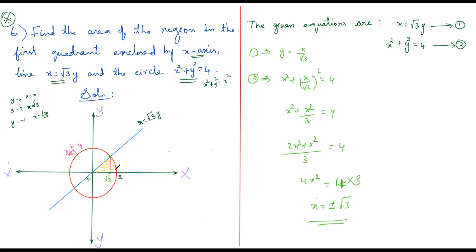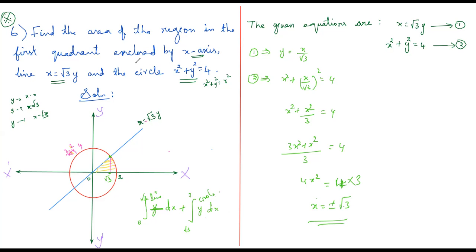So when you are finding the area, you have to split it in these two. From 0 to root 3, you will be taking the equation of the line, y into dx, that is from the line. And plus from root 3 to 2, it is the circle. So you will take y from the circle, and it is dx.